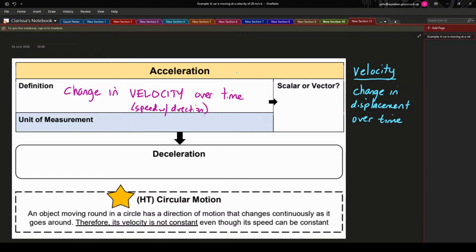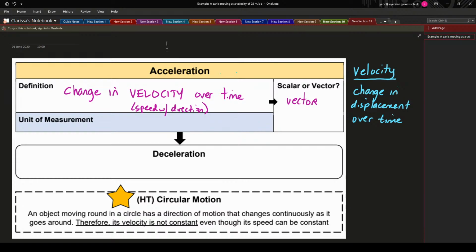So with velocity, direction matters, therefore it's a vector. And because acceleration is a change in velocity over time, it's also going to be a vector quantity, which is why it was so important to define that it's not a change in speed over time, it's specifically a change in velocity over time. Even though speed and velocity are similar, there is that slight difference, and that slight difference is whether or not we care about the direction.